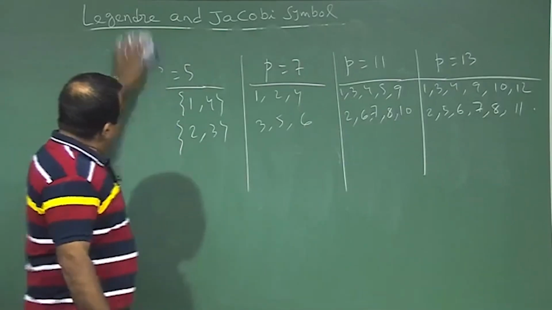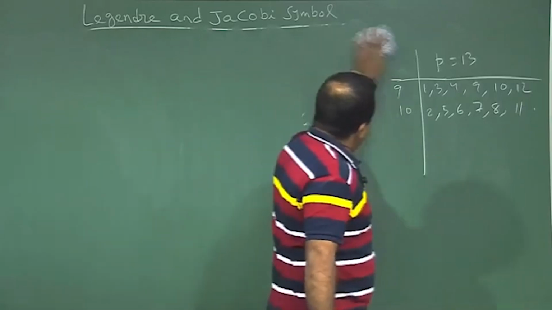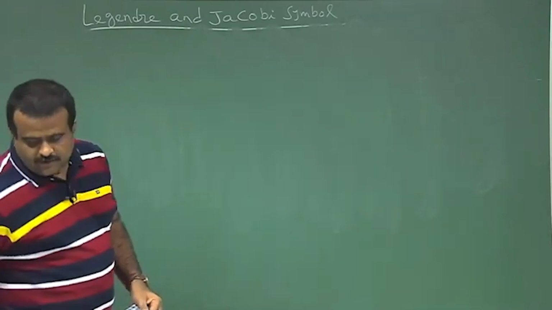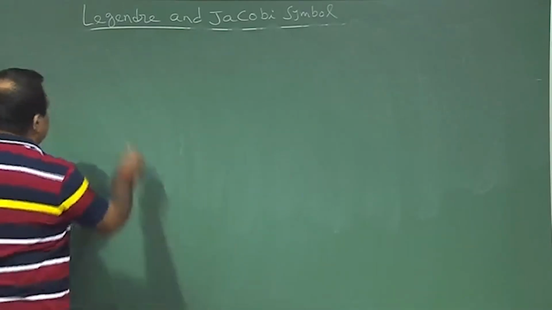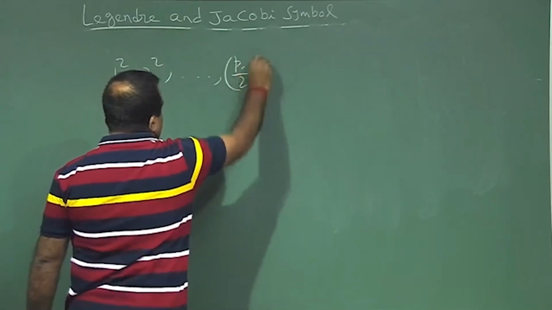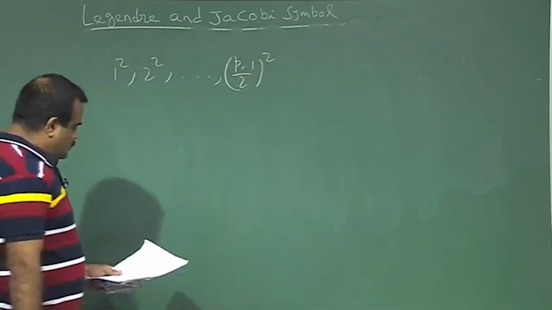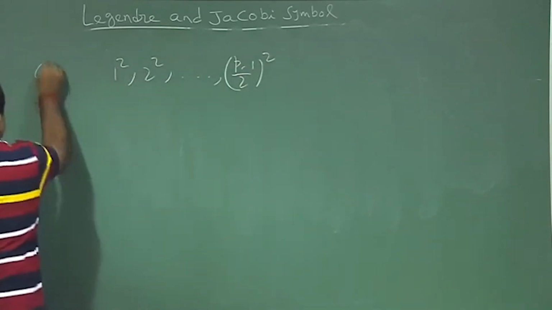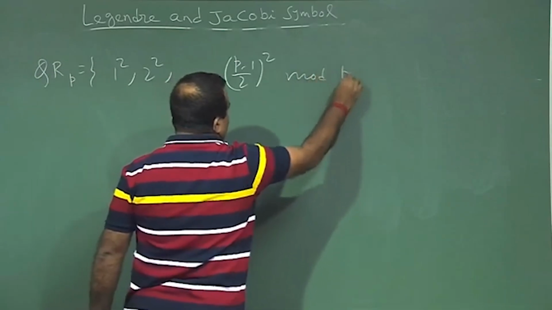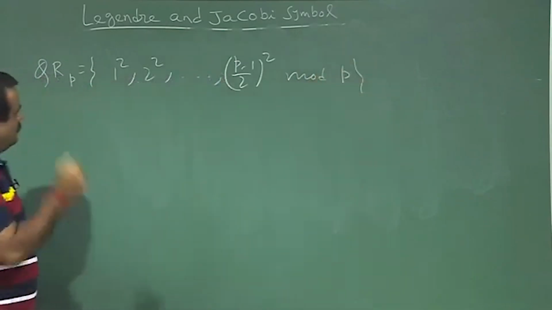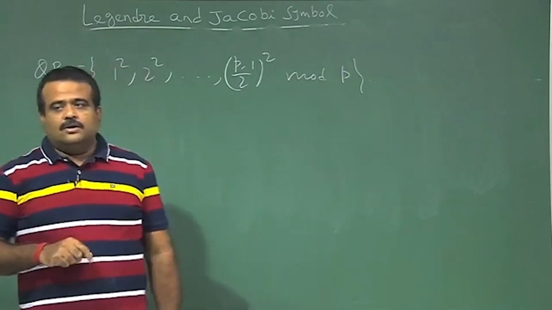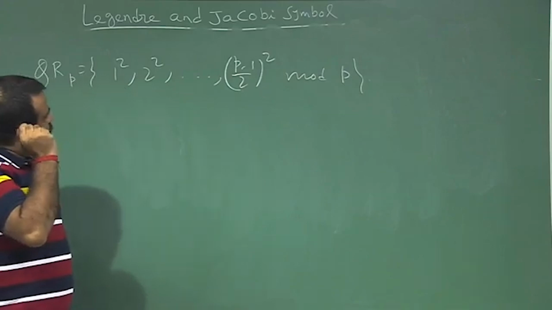So how to prove this? To prove this, we will show that if we consider the set 1 square, 2 square, up to ((p minus 1) by 2) whole square mod p, every operation under mod p, then these give us basically QR_p, the quadratic residues. And the number of elements is (p minus 1) by 2.